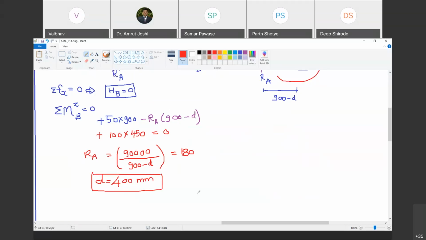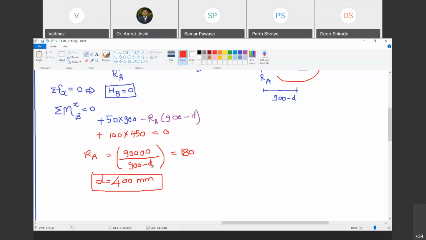करेक्ट है? अब मैं आपको एक क्वेश्चन पूछूंगा वैभव. For RA to remain below 180, should D be more than 400 or less than 400? सोच के बताओ.